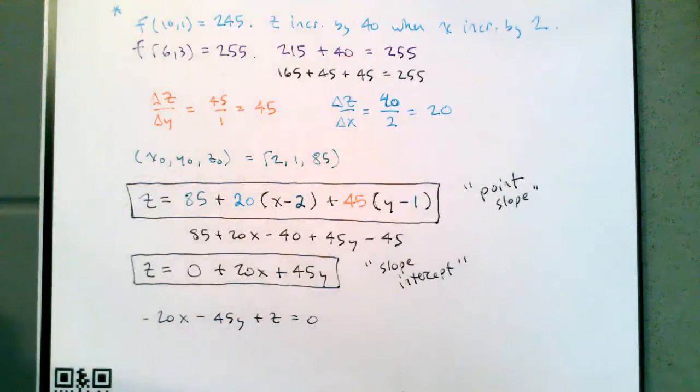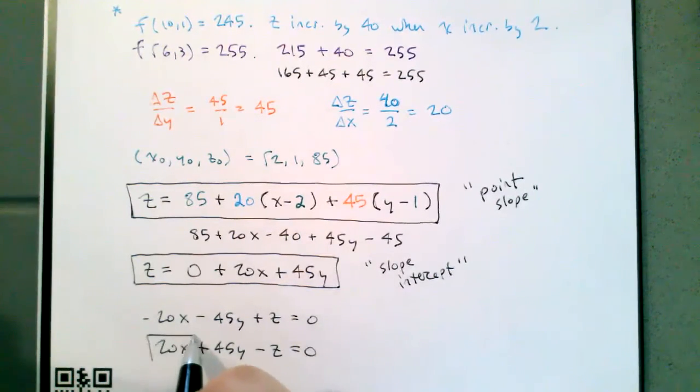Since we usually write x first, and we don't like the coefficient of x to be negative, we could say 20x plus 45y minus z is equal to 0. And then we have some kind of standard form.